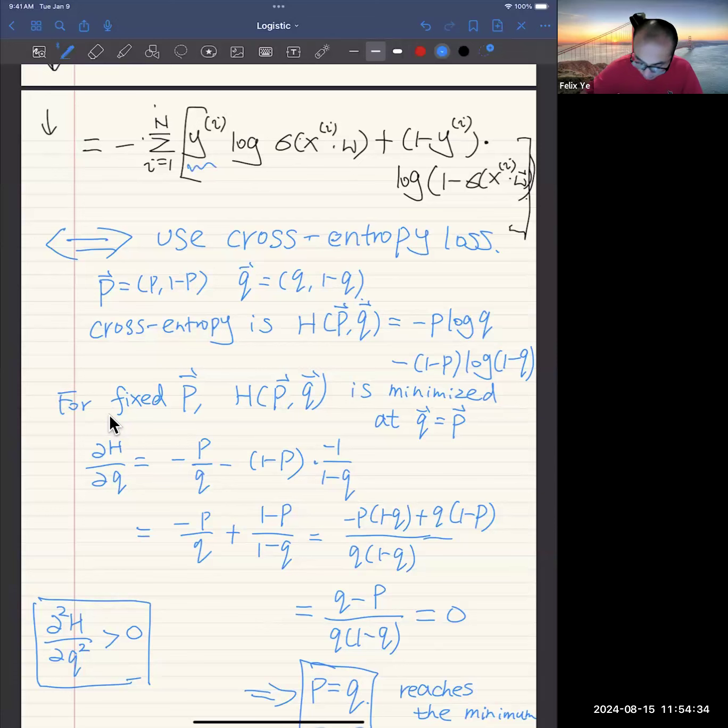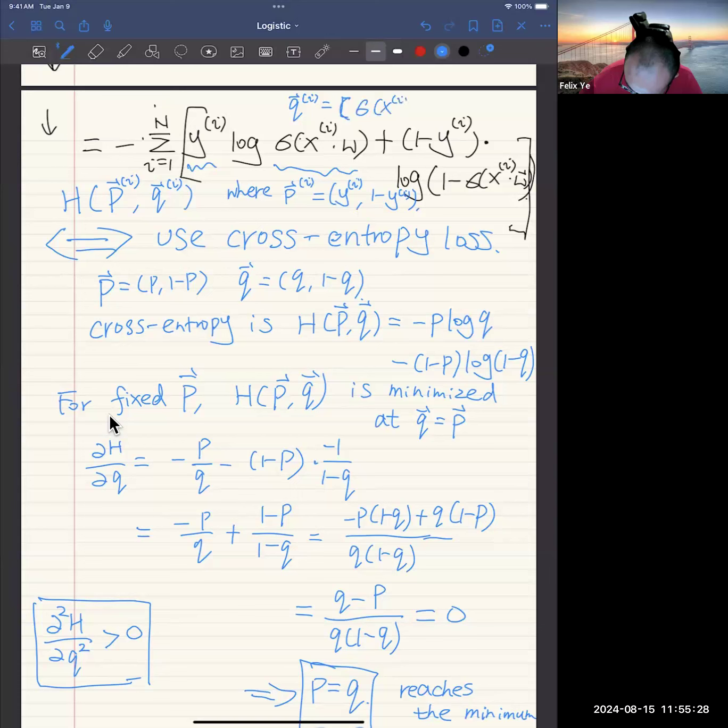This is your P, and this will be your Q. So you can think of this as calculating the cross entropy of P and Q. Let's define Pi as the vector Yi and 1 minus Yi, and Qi as a vector equal to sigma x of i and 1 minus sigma of x of i.